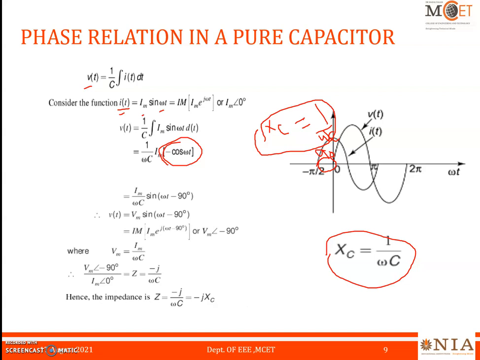In the case of a pure capacitive circuit, the current leads the voltage by 90 degrees, so you will have a leading power factor, and the capacitive reactance is 1 by omega C. Also we have seen the various basic parameters: instantaneous value, peak value, average value, and also we have discussed the RMS value. Thank you.